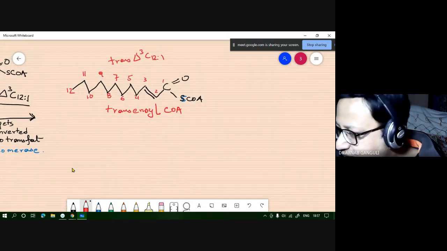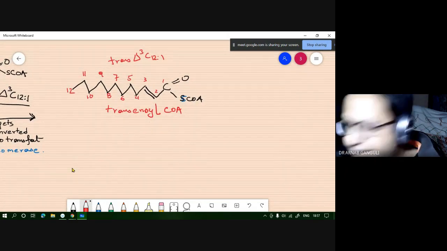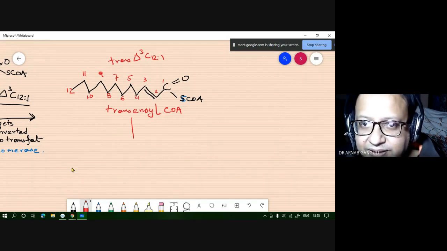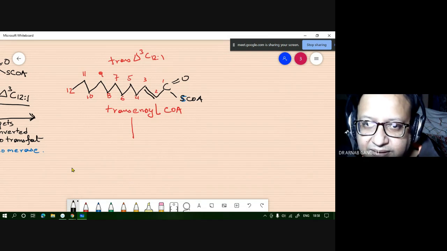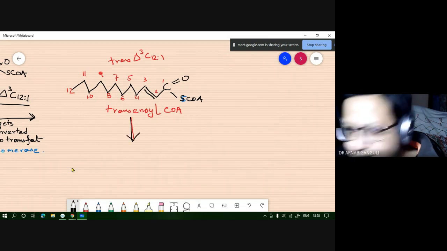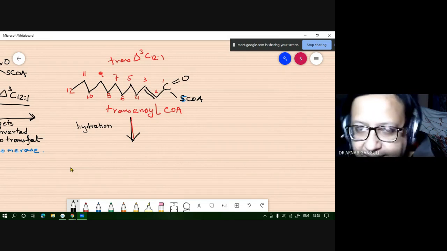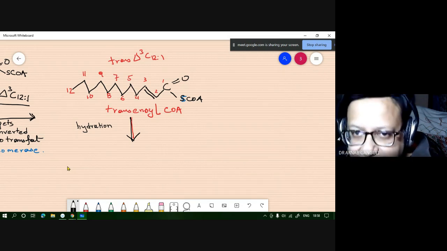Now this will undergo the next step of the beta oxidation, which is the hydration step. Only this extra step of isomerization takes place.